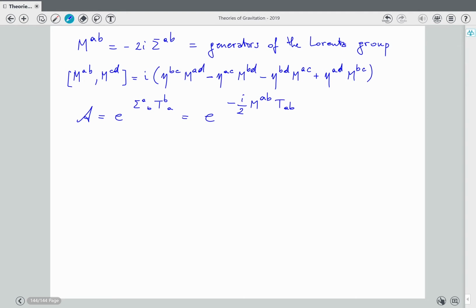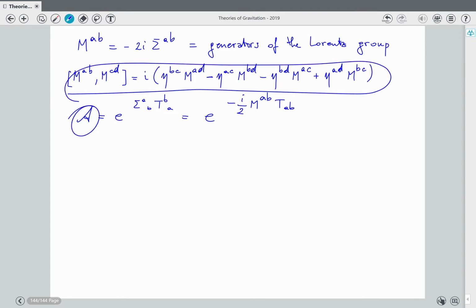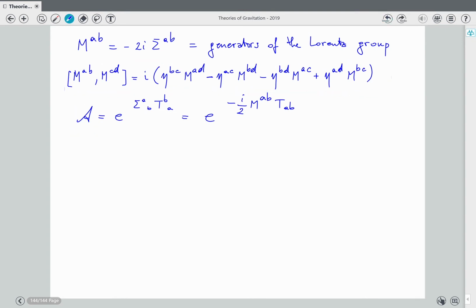Once you have a representation of those MAB, any kind of matrices MAB that satisfies this, then you have the right element of the group by exponentiating it like that. And you call TAB some number. So for example, how do we obtain lambda? Lambda is the exponential of minus i over 2, another representation of the Lorentz group.